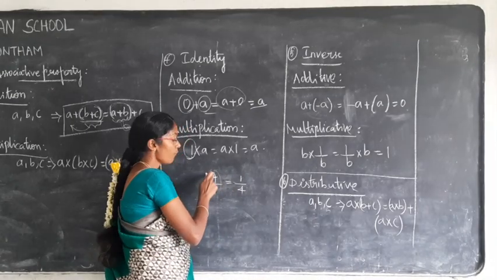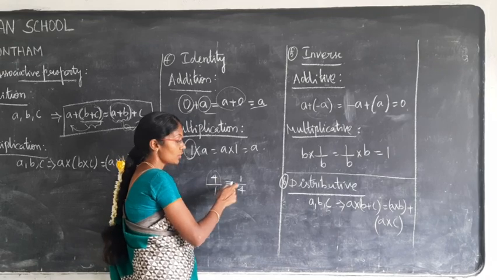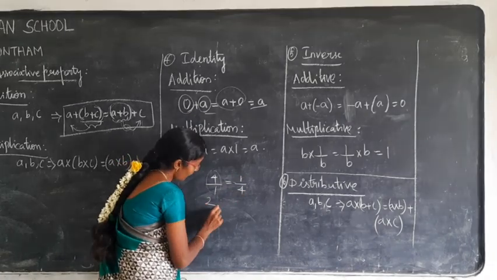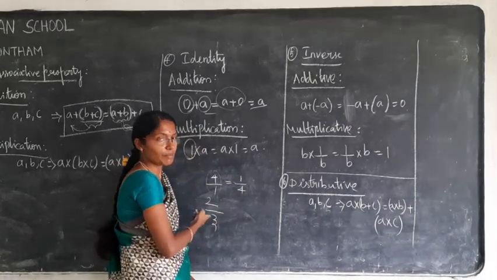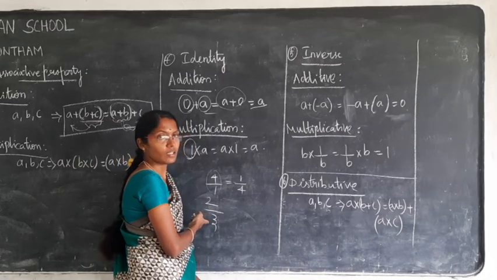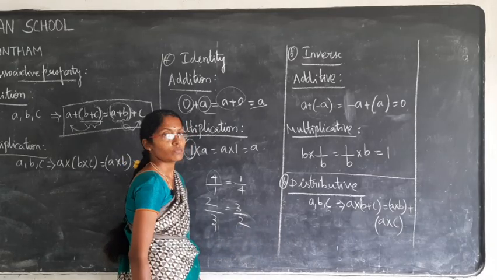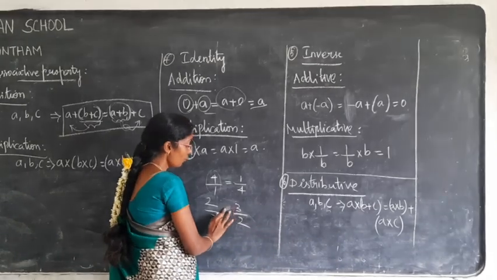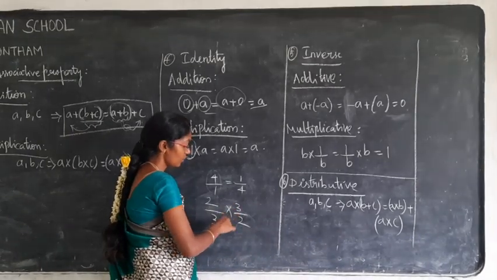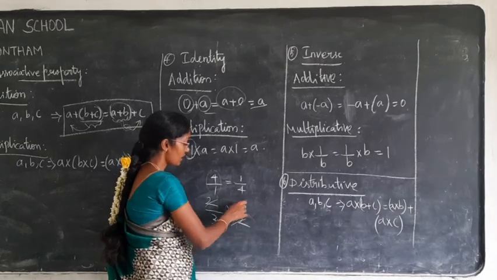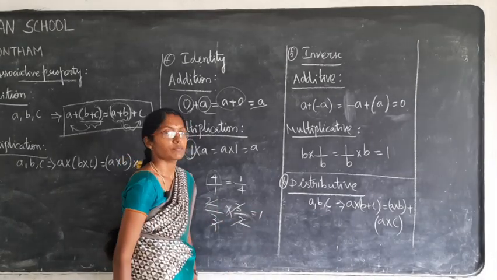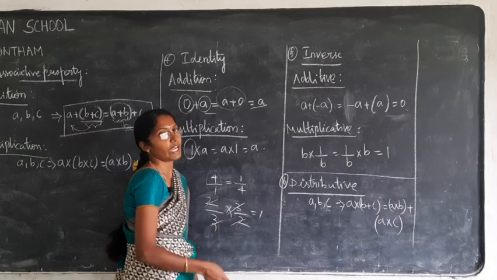The multiplicative inverse of 4 by 1 is equal to 1 by 4. What is the multiplicative inverse of 2 by 3? 3 by 2. If you cancel here, 2 cancels, 3 cancels, you will get the answer 1. So this is the multiplicative inverse.